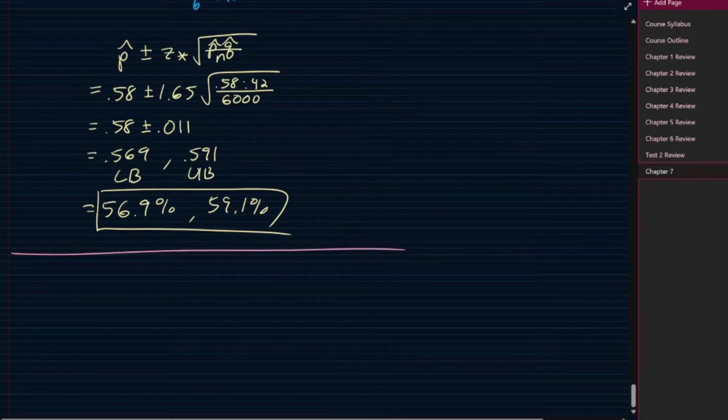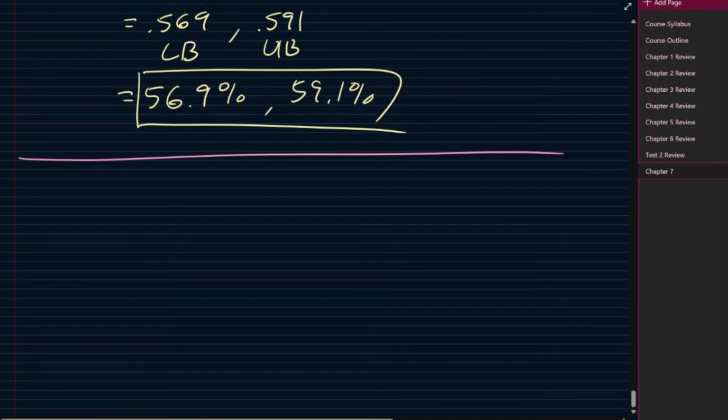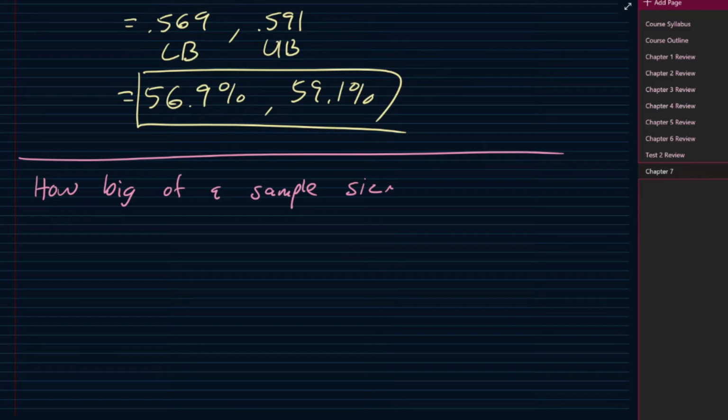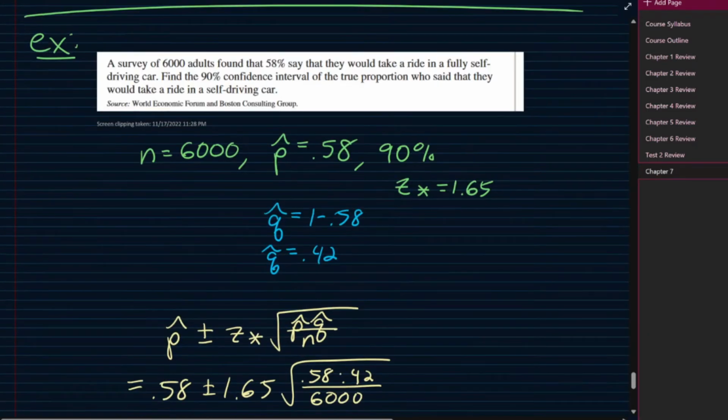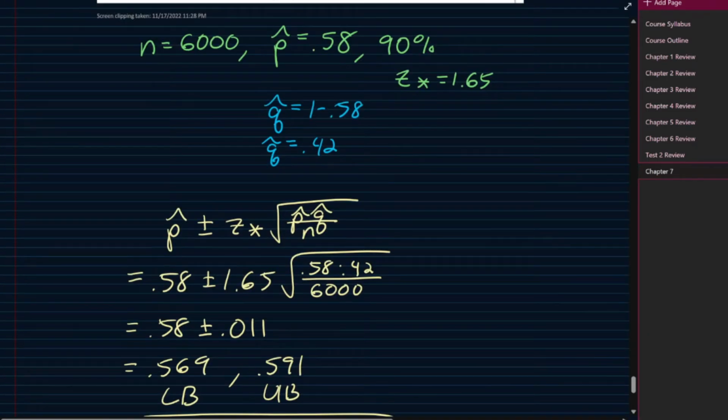And how big of a sample size do we need? Well, again, we could essentially solve our standard error here for n. Remember, the standard error, that's the part to the right of the plus minus, which in this case is z star times square root of p hat q hat over n.